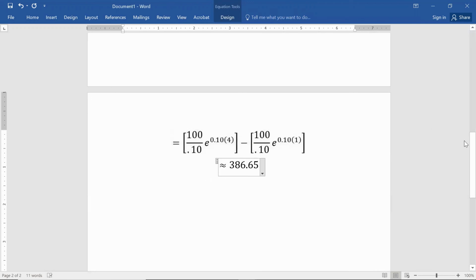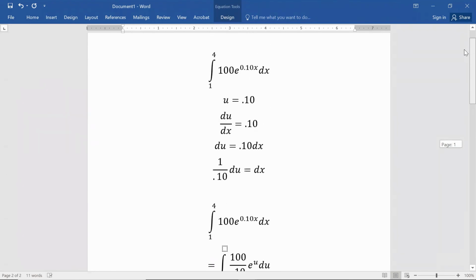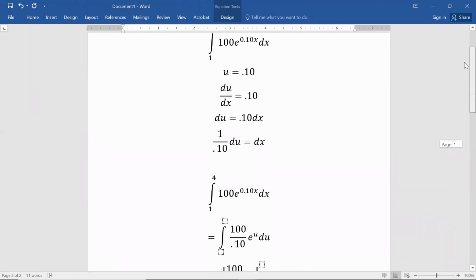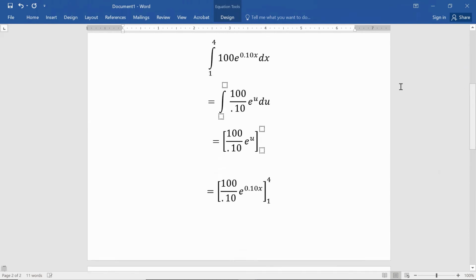This is how we deal with definite integrals. We essentially do the same process that we've been doing earlier, but you have to be careful that when you're doing things with respect to u, just leave off the bounds until you back substitute and put things back with respect to x.